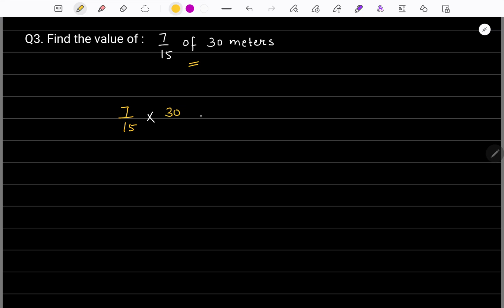Now we can just cross 15 and 30. 15 2s are 30. So 7 into 2, which is equal to 14. Since the question has 30 meters, we will write the answer also in meters. So this is the answer for this particular question.